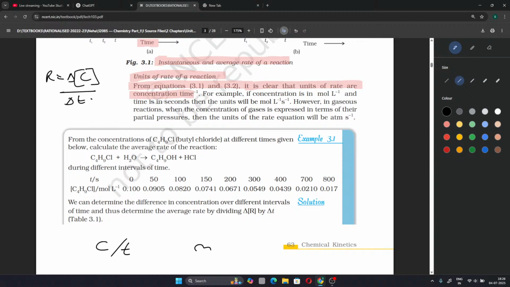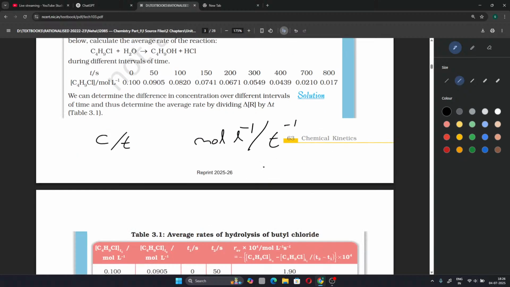In case of molarity, concentration is mole per liter, so the unit can be written as mole per liter per second. This is the unit for the rate of a reaction.